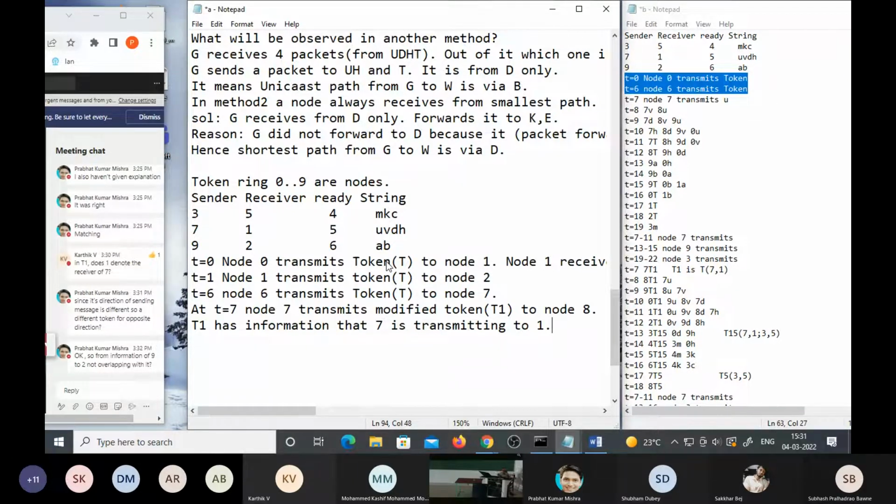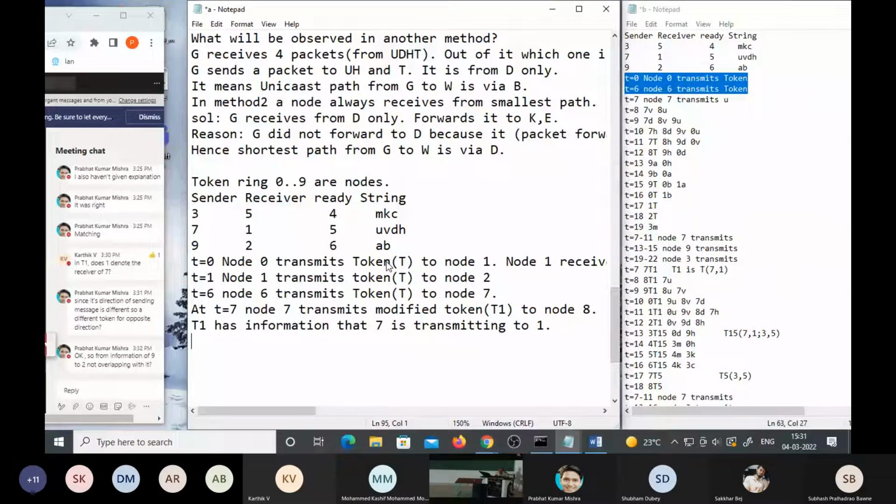Is this all right? That is correct. 9 to 2 is overlapping. Prabhat, it is overlapping with it. So 9 will not transmit.